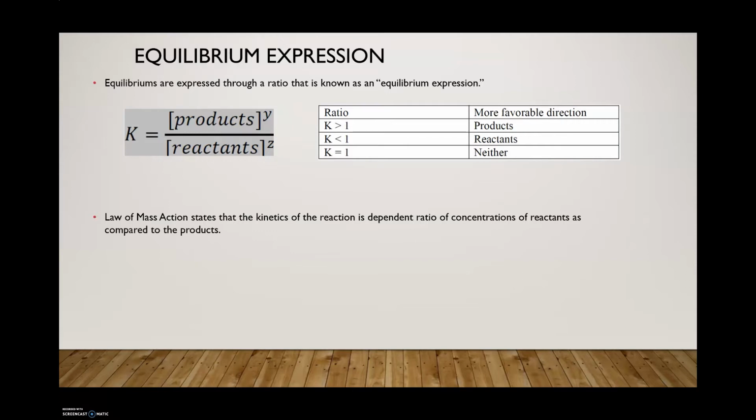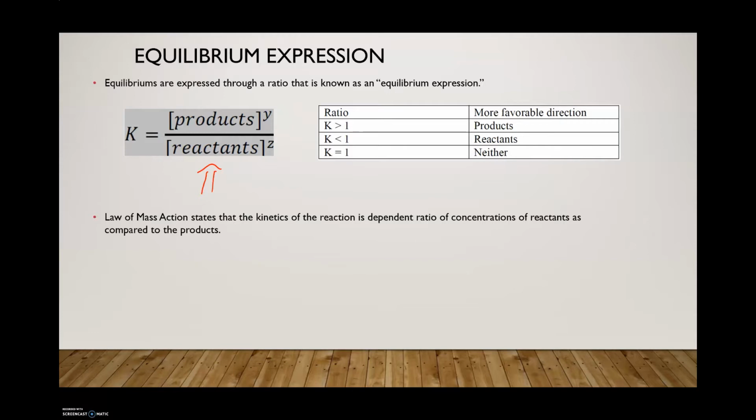You can see here the expression is written as the concentration of products to the y power divided by the concentration of the reactants to the z. It's always going to be products over reactants, and you need to instill that in your brain. It's a basic foundation of what's to come as we talk about equilibrium.